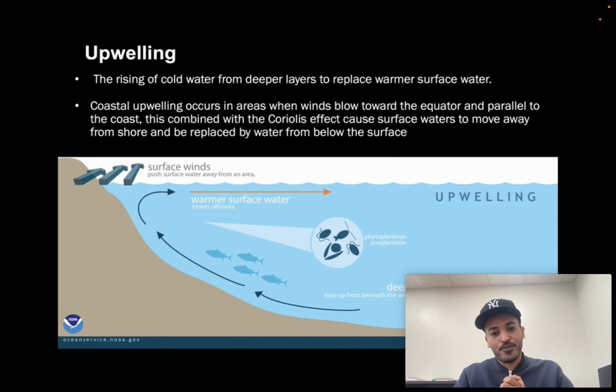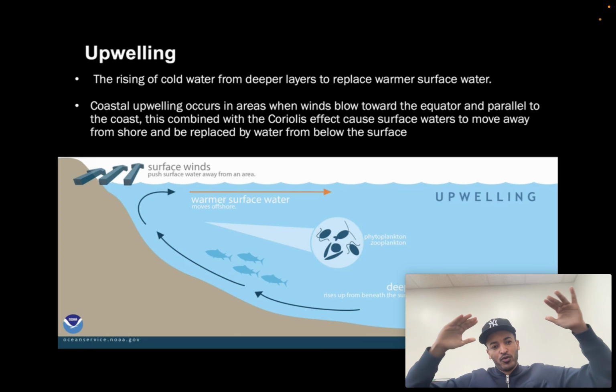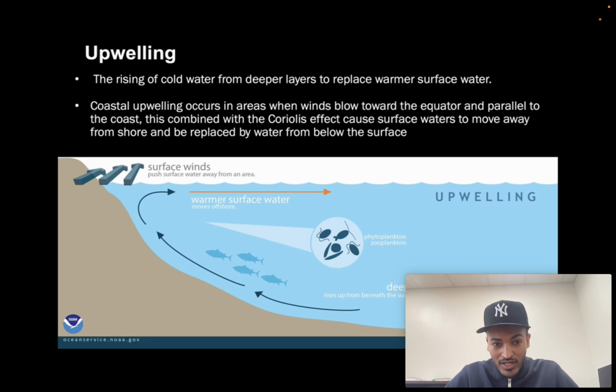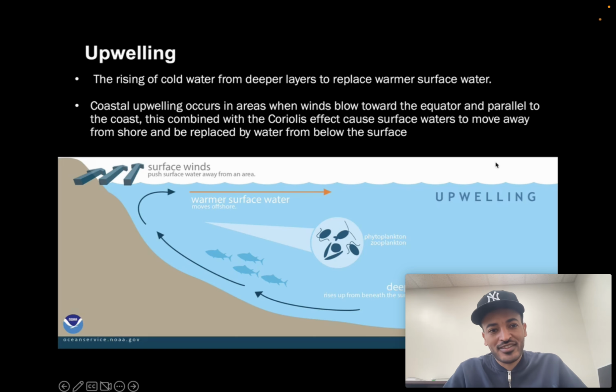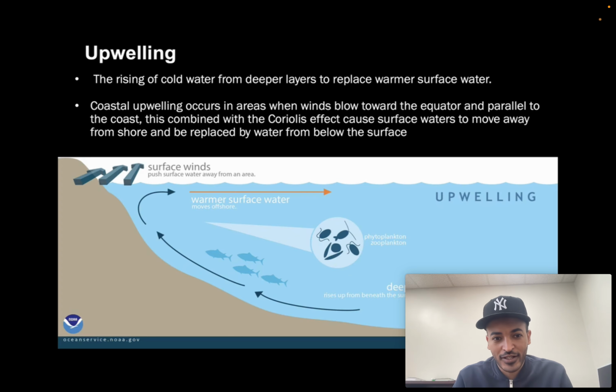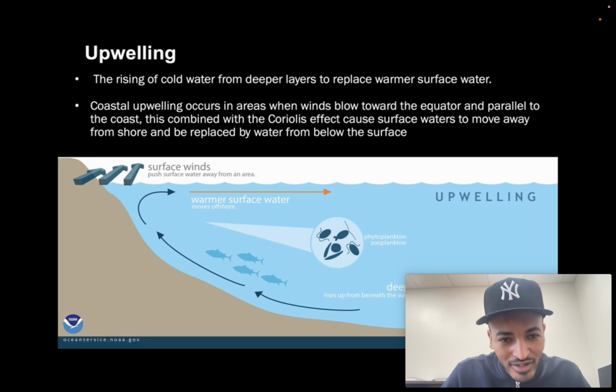Okay, but now let's talk about upwelling, right? I'll come to the deeper ocean circulations and what drives them in the next slides, but I just want to briefly mention what upwelling is. Upwelling is simply the rising of cold and nutrient-rich water and its transport to the surface, right? And what drives upwelling?